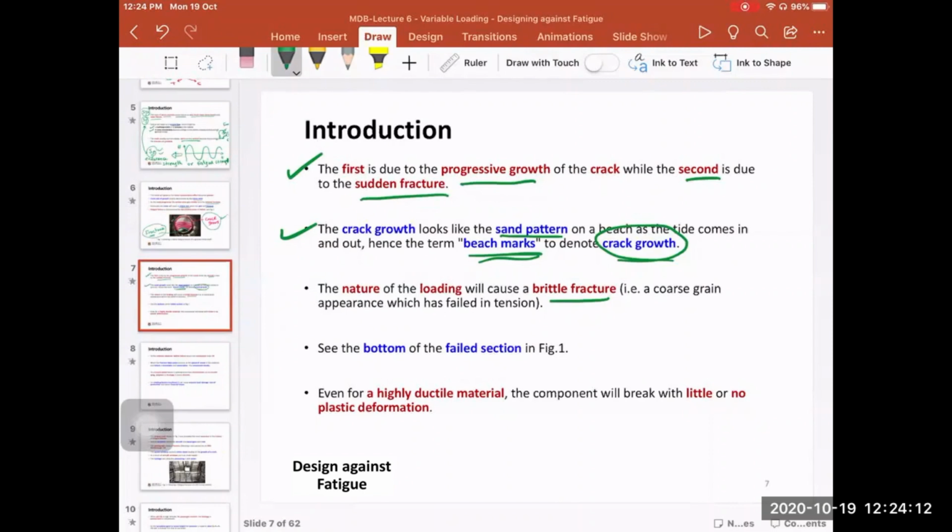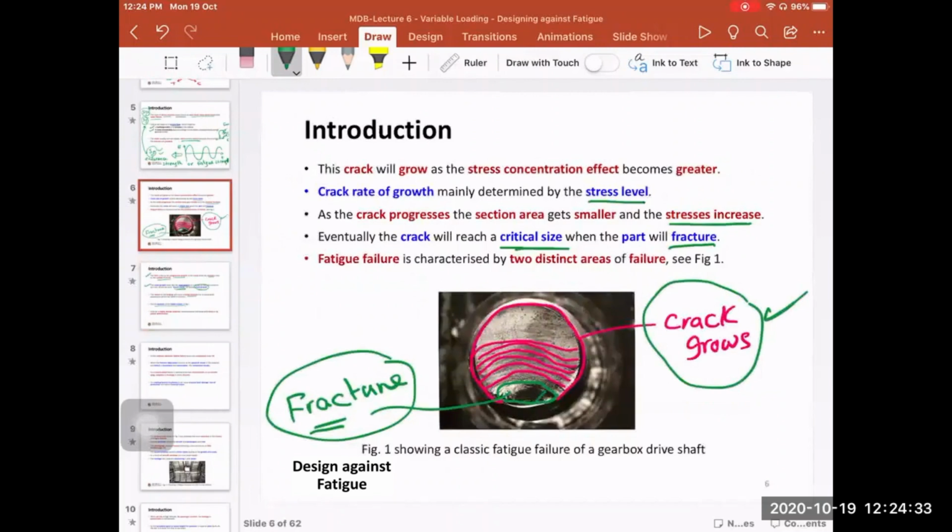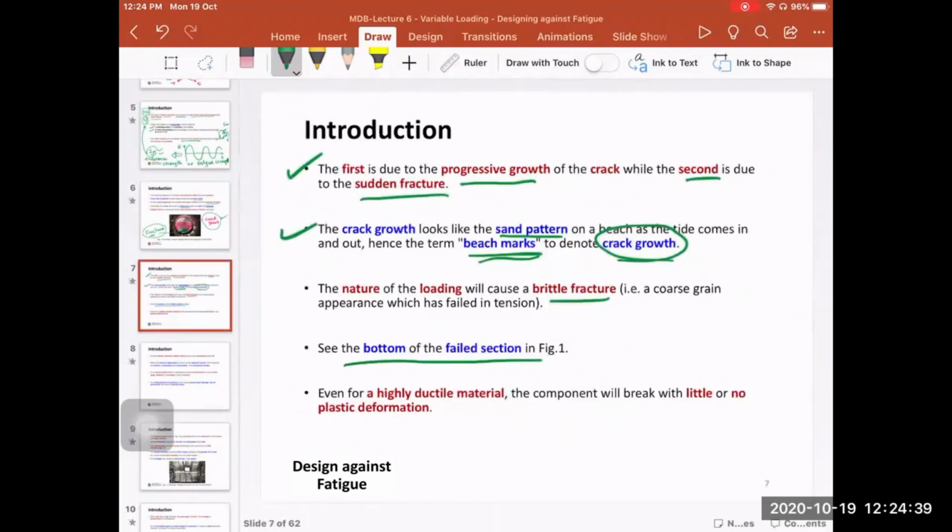So once the crack reaches a critical size, it starts to fracture, or the brittle fracture happens without any sign before that. So the bottom part of this figure shows you the area of the fracture, or the fracture section.